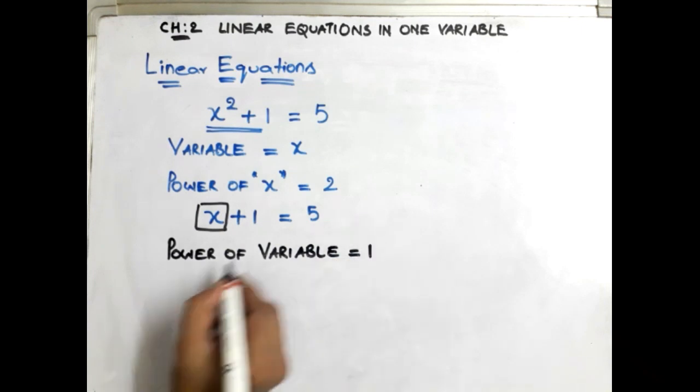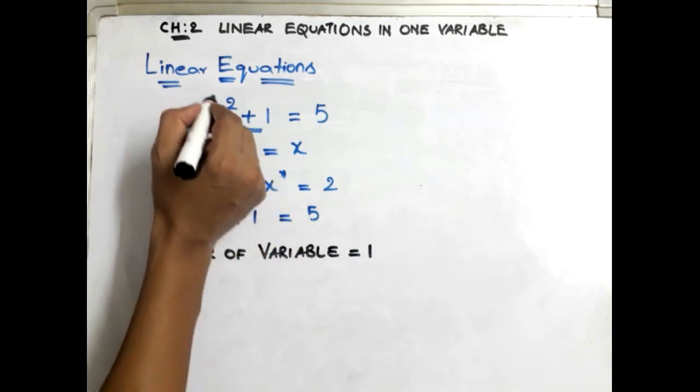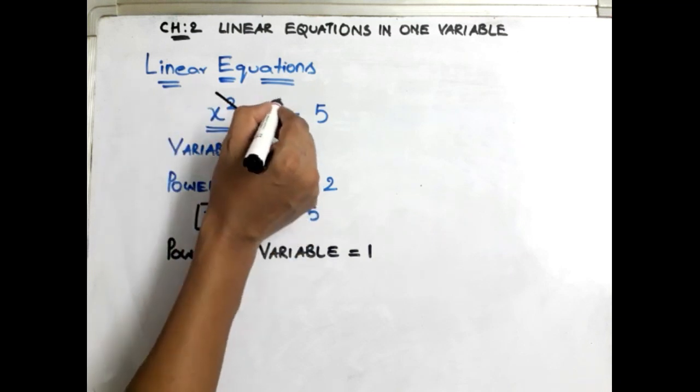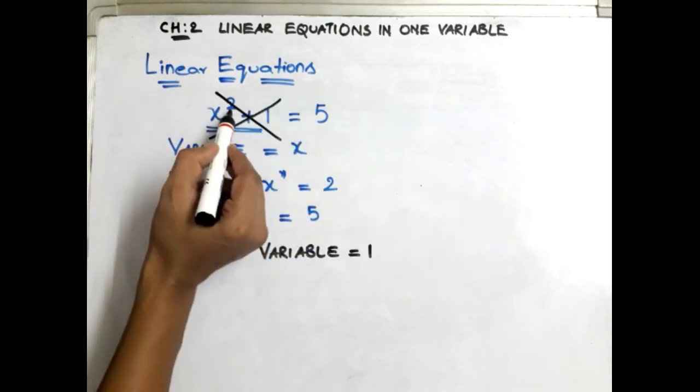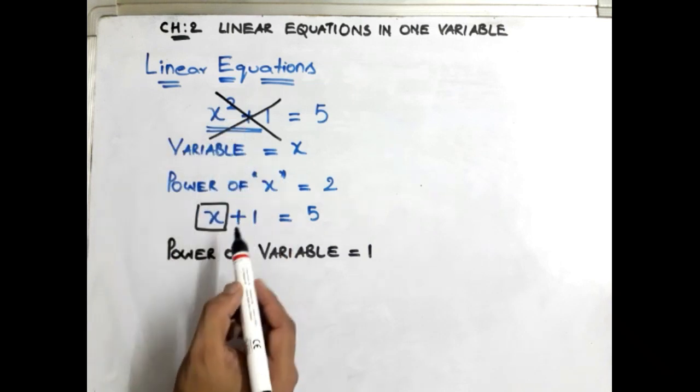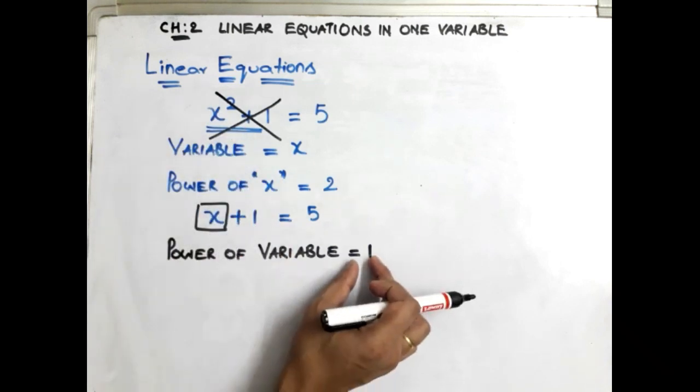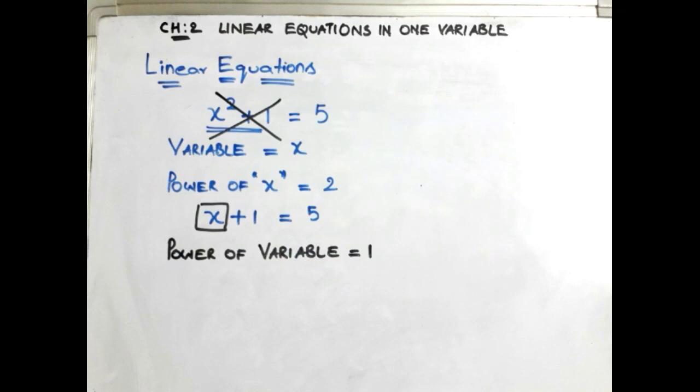That means x square plus 1 is not a linear equation because it is carrying the power 2. Always it should be 1. If it is more than 1, like 2, 3, 4, etc., we will never call it a linear equation.